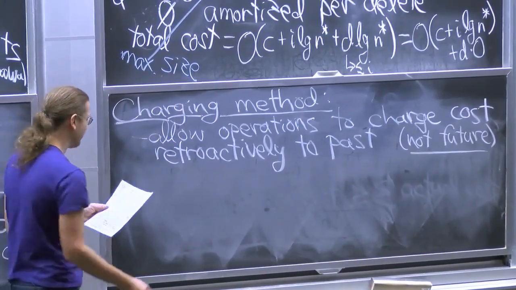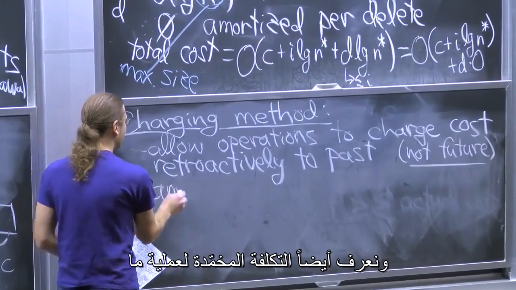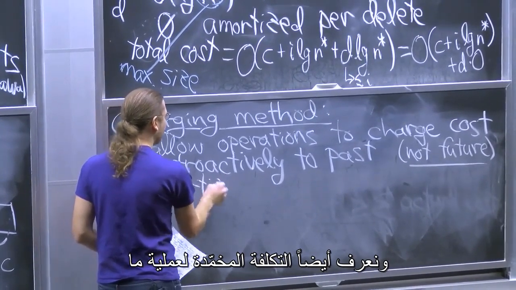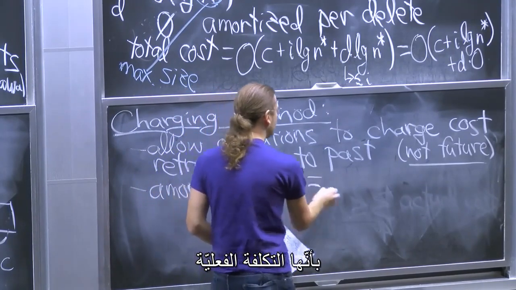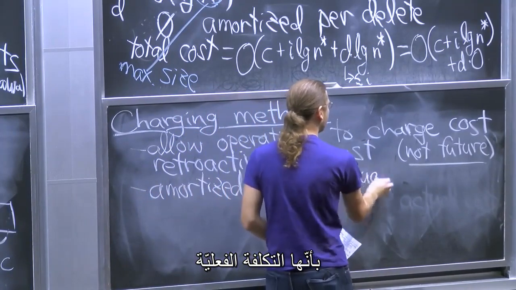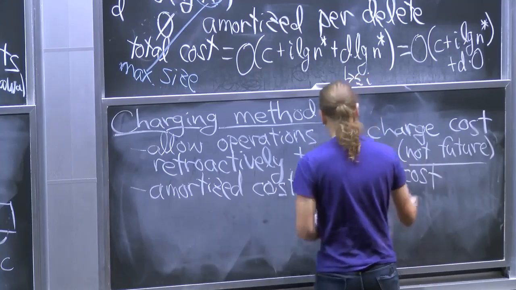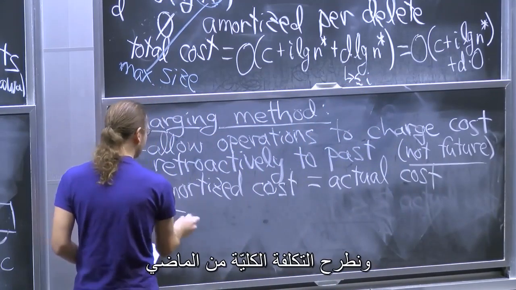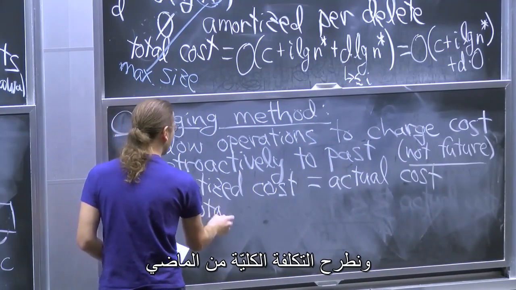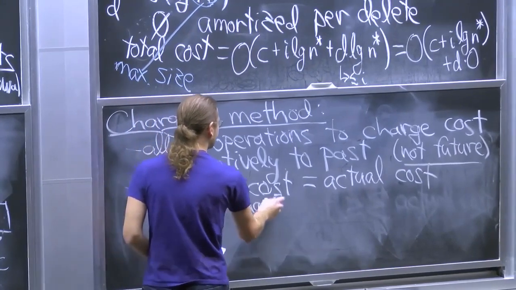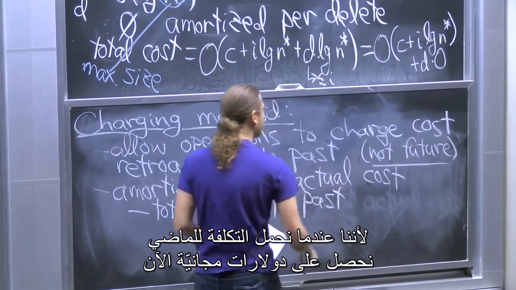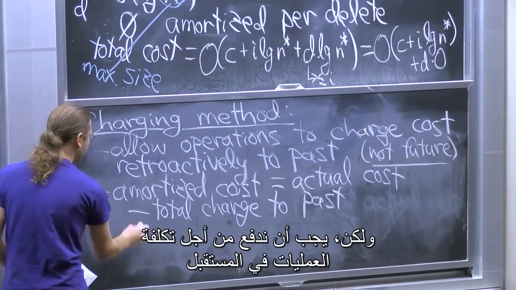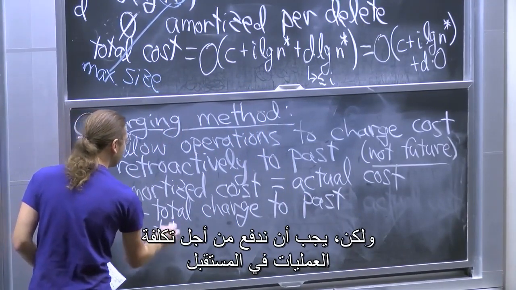Okay. Again, you can define the amortized cost of an operation to be the actual cost minus the total charge to the past. So when we charge to the past, we get free dollars in the present, but we have to pay for whatever the future is going to do.